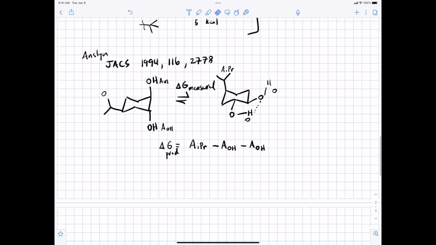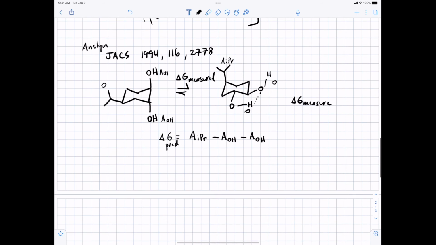So he measured this free energy difference, and it was bigger than expected because of this hydrogen bond. So if you take the measured free energy minus delta G that was predicted, whatever's left, he reasoned, has to be a free energy due to a hydrogen bond.